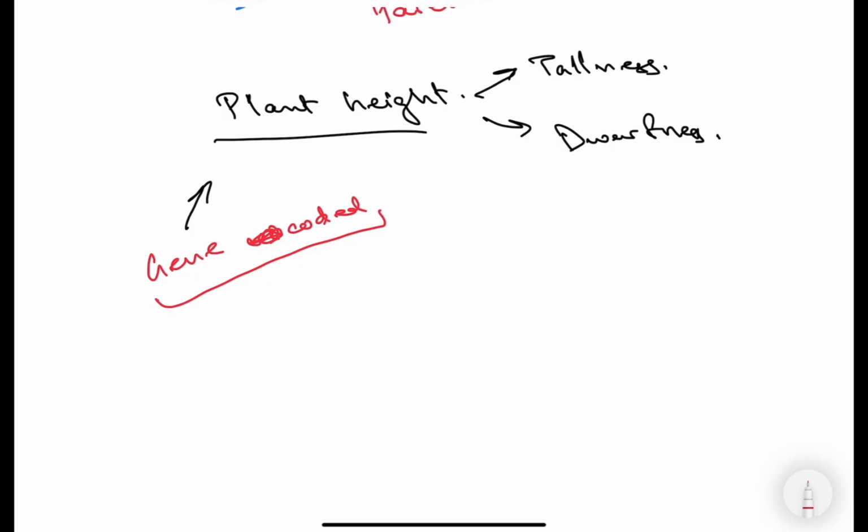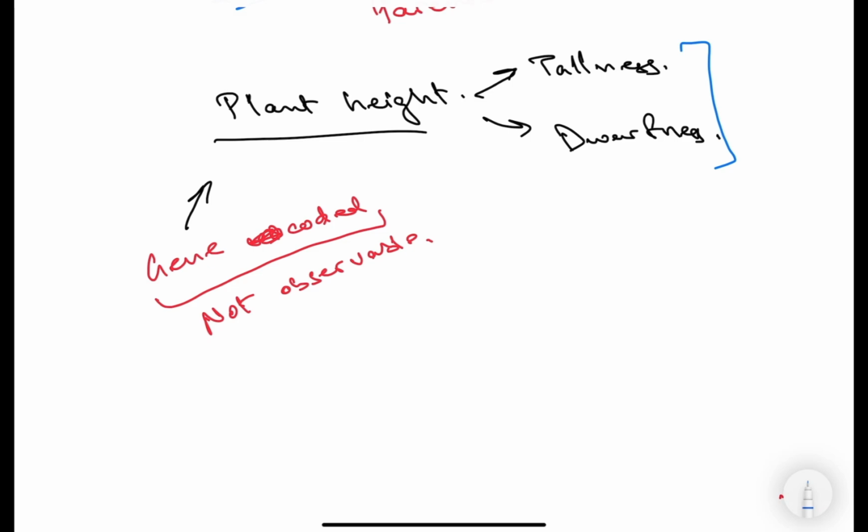It's a genetic code. It is not observable, but what we can observe is whether the plant is tall or dwarf.